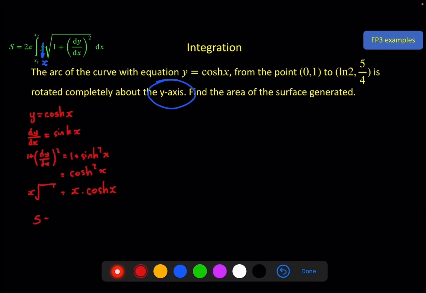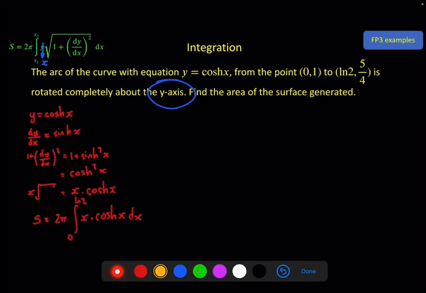So if I write out our formal question here, capital S is equal to 2 pi times the integral from 0 to log of 2, because remember, although we're going around the y-axis, if we're going to use this form of the formula, we're still using x1 and x2 here, so 0 to log 2, of x cosh x with respect to x.